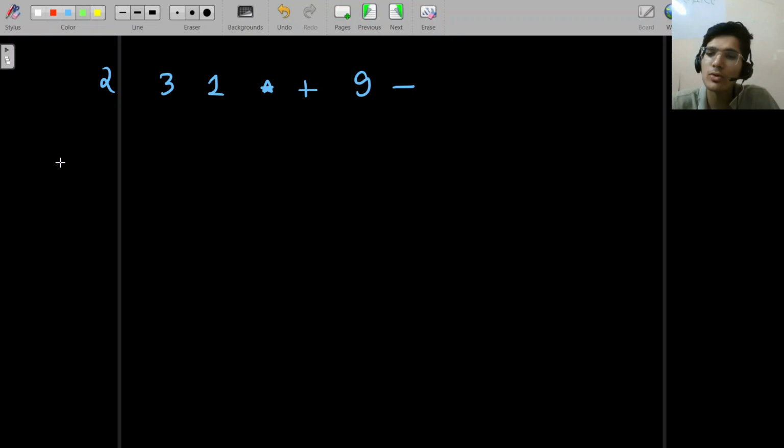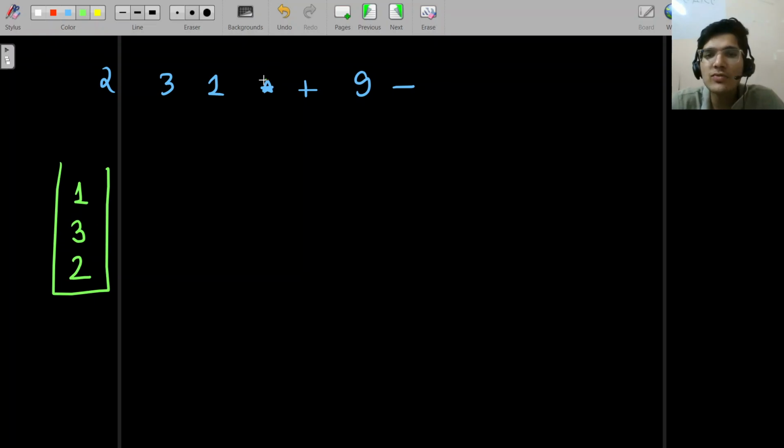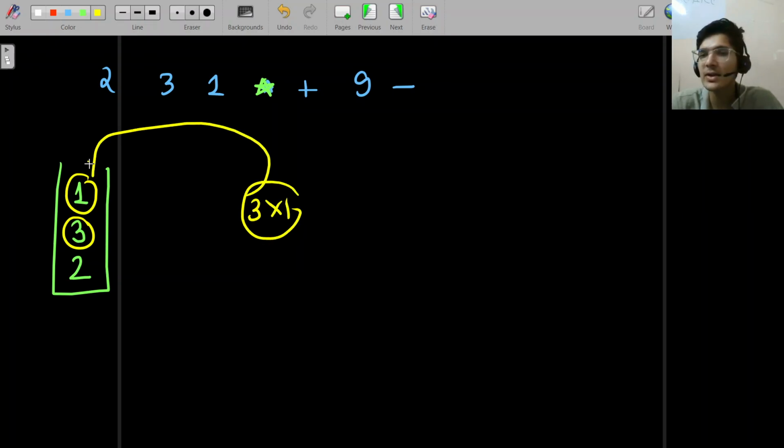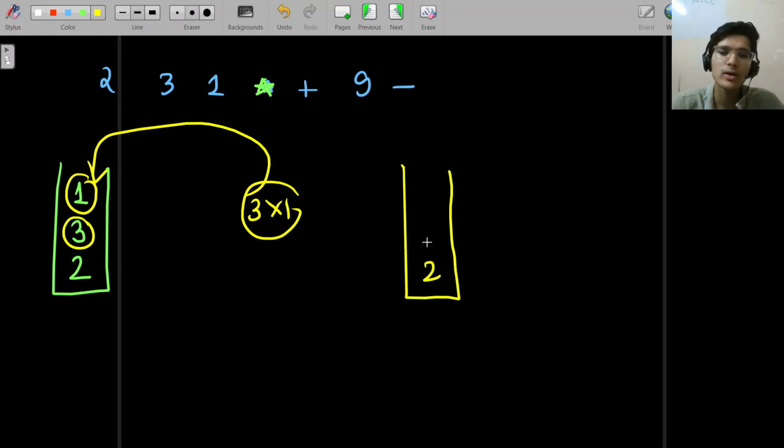So you found a 2, you put it into the stack. You found a 3, you put it into the stack. You found a 1, you put it into the stack. Now, as soon as you find the multiply, what do you do? You pop out this element, this is the second last one, and you do the operation 3 into 1, and you push this back into the stack. Our new stack looks like 2 and 3.